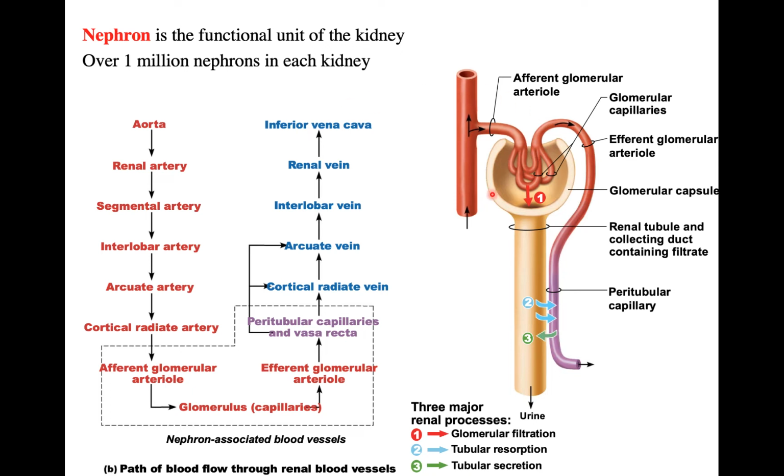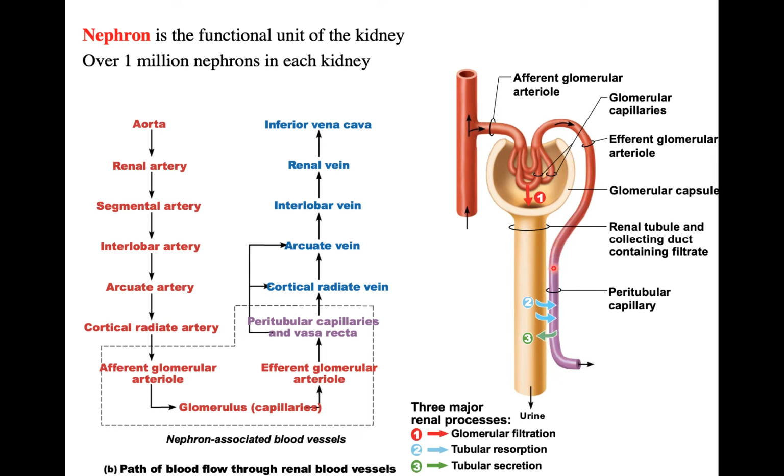So far we've just covered vasculature. So blood goes through the cortical radiate artery to the afferent arteriole to filter out of the glomerulus, and that filtrate goes into the nephron to eventually be peed out. And then you have the remaining solutes in blood staying in circulation, leaving out of the efferent arteriole.